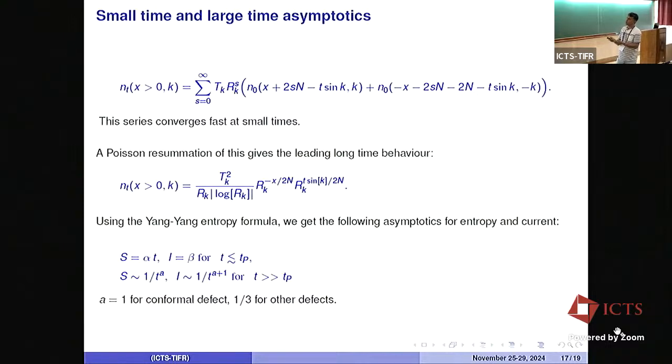At short times this series converges very fast, while at large times you can do a Poisson resummation of the series, and then just one term dominates, and you can find how it decays with time and get all these power laws. At short times the entanglement entropy always grows linearly with time, while at large times we get a decay where the exponent depends on the kind of defect: it's 1 for the conformal defect and 1/3 for the other defects.